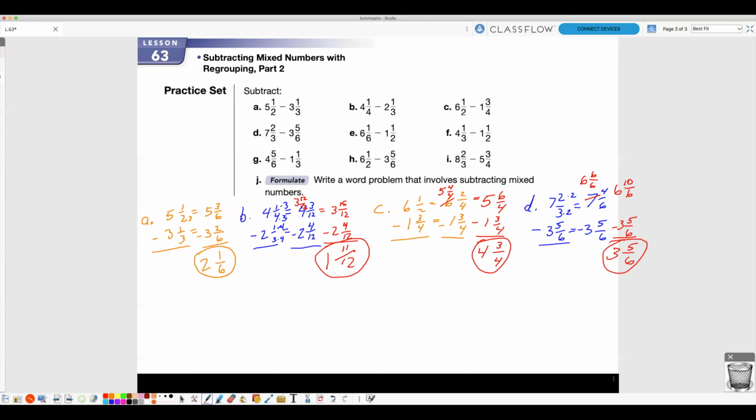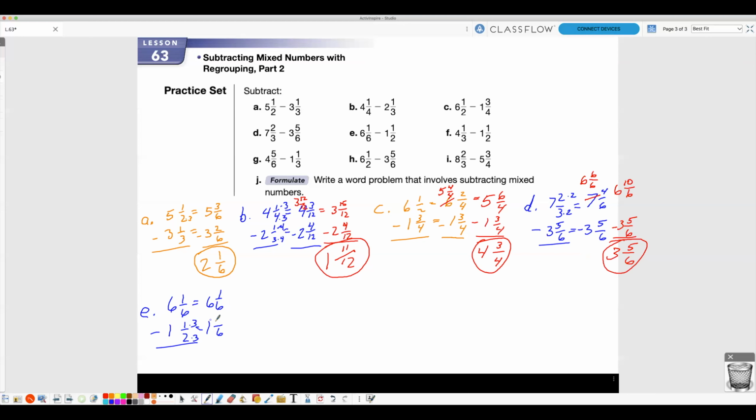Letter E. 6 and 1/6 minus 1 and 1/2. So again, this problem right here, you can see that 6 and 1/6 is going to stay the same, and 1 and 1/2 is going to have a denominator of 6 down here, so this is 3.